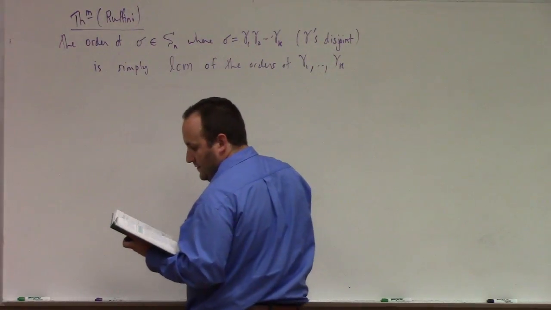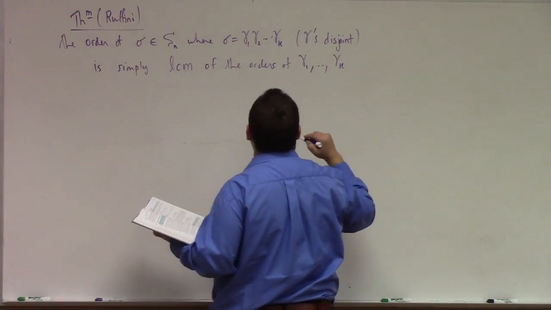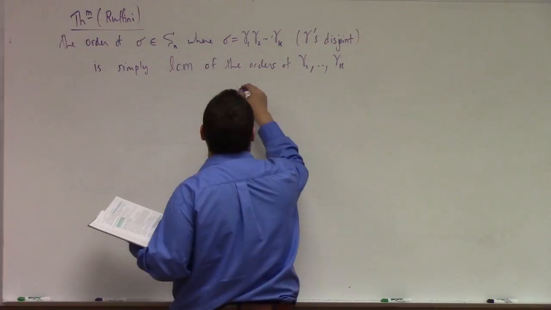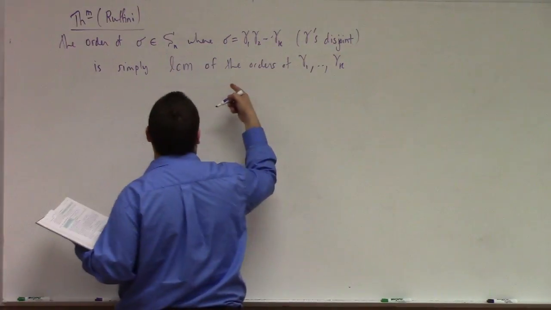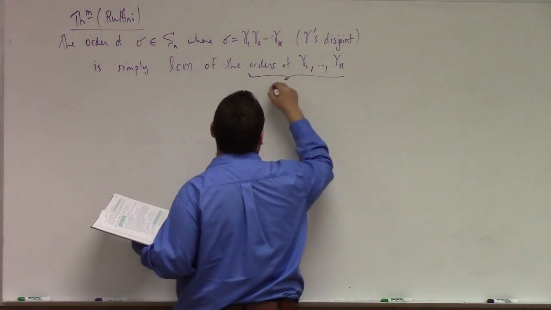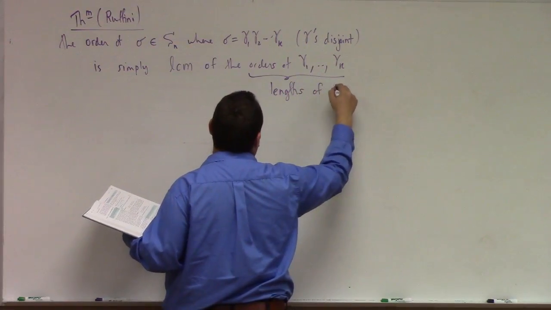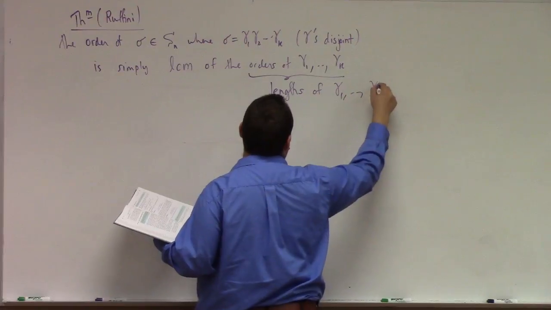And by the way, he states it a little bit better in Gallian. Instead of saying orders, he just says lengths of gamma 1. I don't think he has gammas in his theorem.